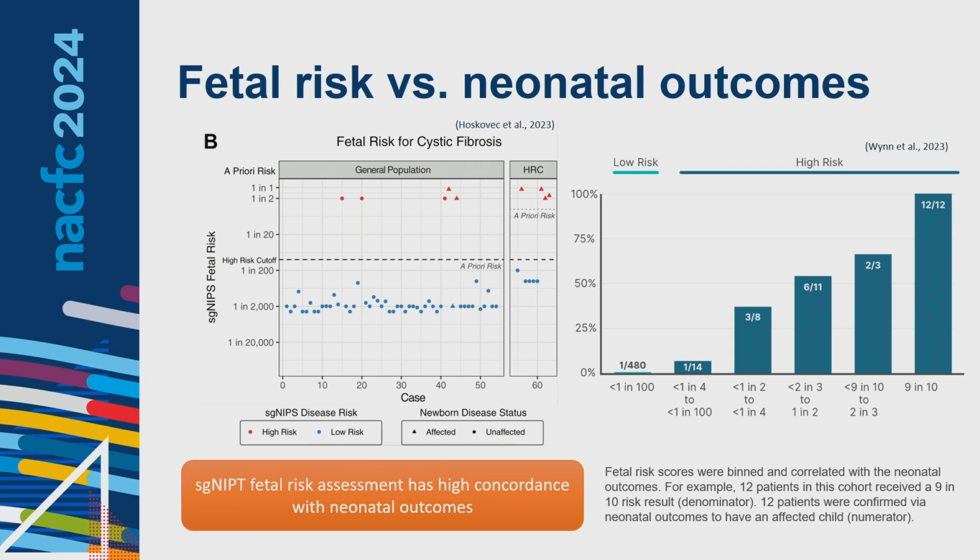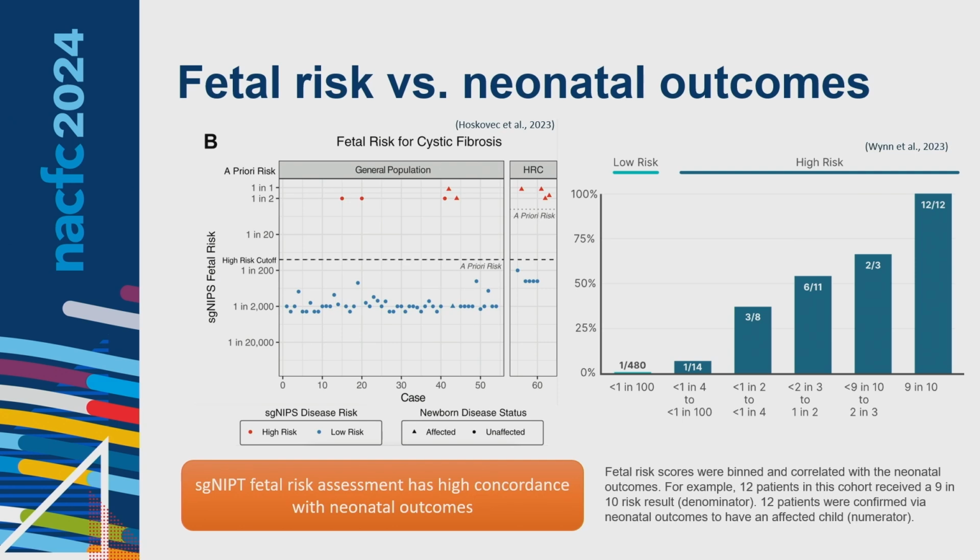And what we see in these 2 different papers, both published in 2023, but in 2 different journals with 2 different cohorts, is that individuals that received a high-risk result most often were diagnosed or confirmed to have a diagnosis of CF or some of these. The graph on the left has only high-risk CFTR results, and then we do screening for additional conditions that are not only cystic fibrosis.